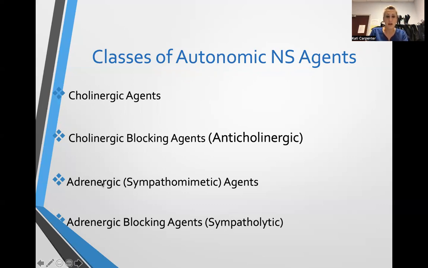Adrenergic agents, sympathetic, adrenaline, can also be called sympathomimetic, mimicking the sympathetic nervous system. And then adrenergic blocking agents are obviously pro-parasympathetic, so cholinergic, and can also be called sympatholytic, like lysing or breaking up. They're breaking up with the sympathetic nervous system.